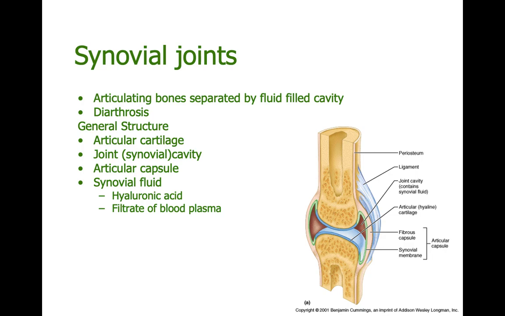Blood plasma is the liquid part of the blood. It's the part of the blood that we've removed red and white blood cells from, and we're going to run it through a filter. So basically what's left entering your joint cavity is water. Right? So that's what we mean by the filtrate of a blood plasma. And it helps to thin the hyaluronic acid.